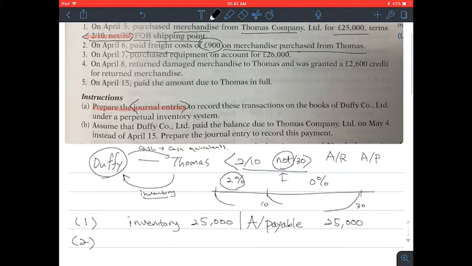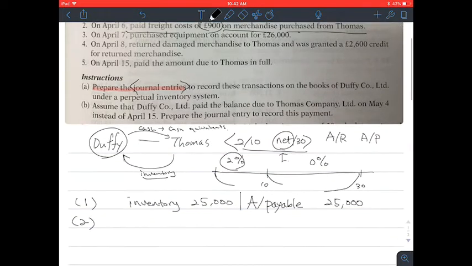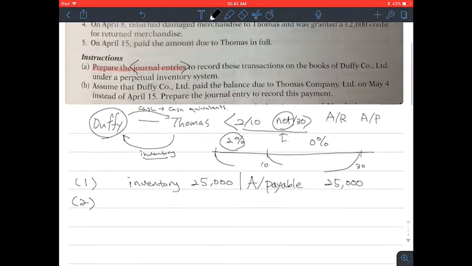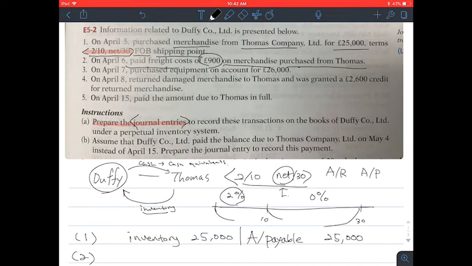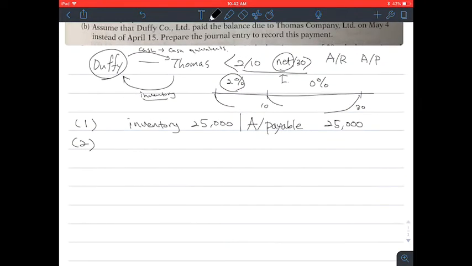So on perpetual, when a buyer buys merchandise to sell again in the near future, you treat freight cost as a cost. So for number 2, what you have to know is how you are going to deal with the freight cost, or delivery expense.